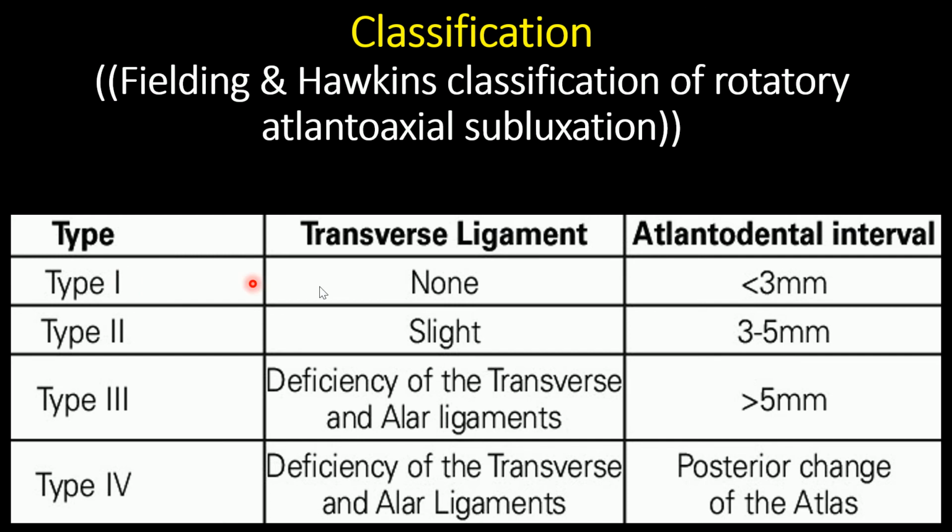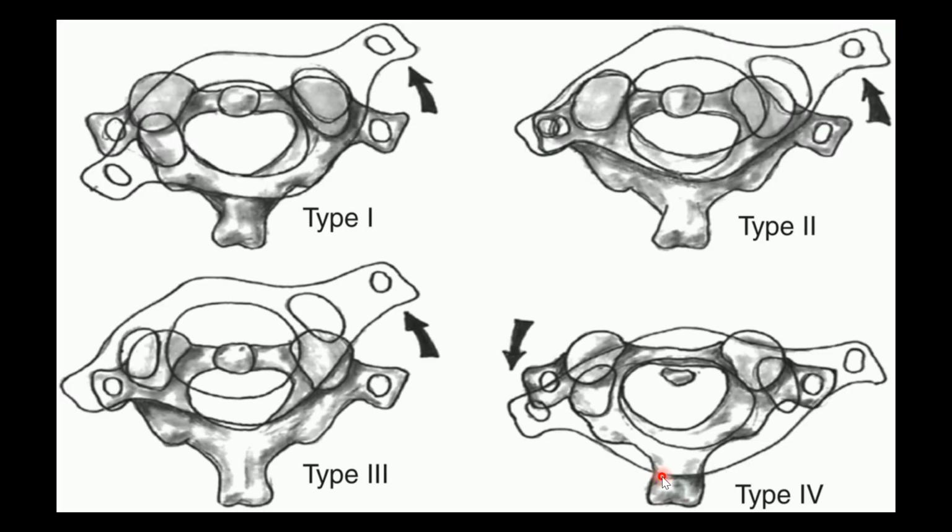In type 1, the transverse ligament is intact and the distance is less than 3 millimeters. Type 2, slightly injured, and the distance is 3 to 5 millimeters. In types 3 and 4, there is deficiency of the transverse and alar ligaments, and in type 3 the distance is more than 5 millimeters. In type 4, there is posterior displacement of the atlas.